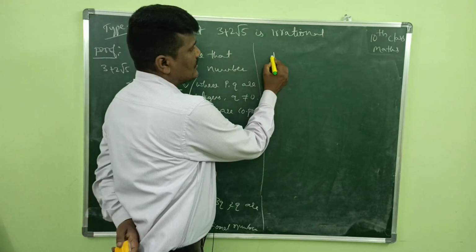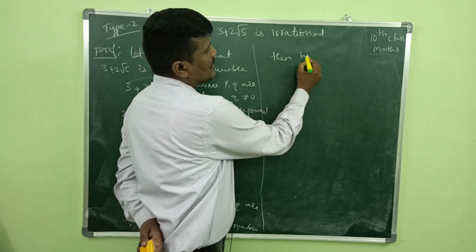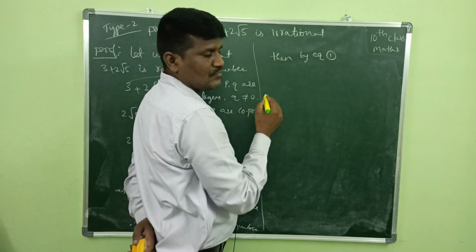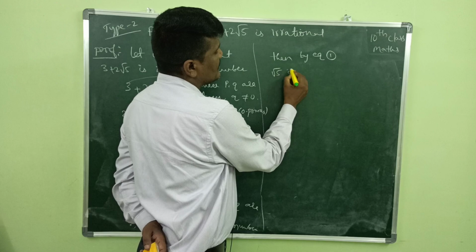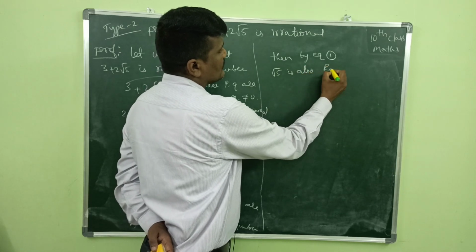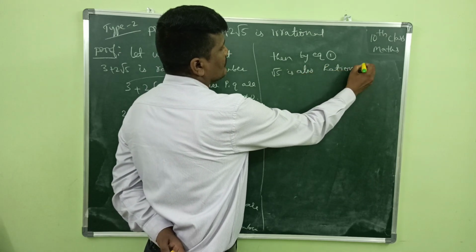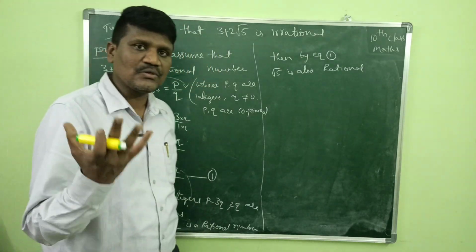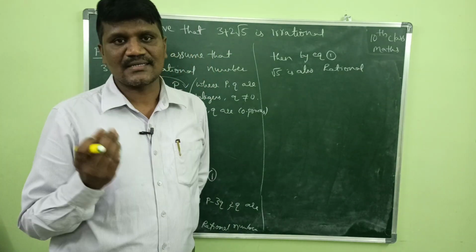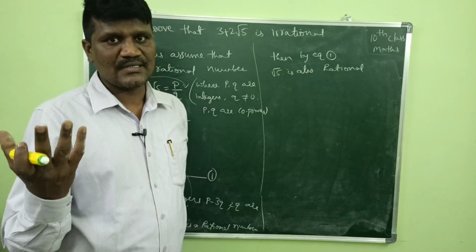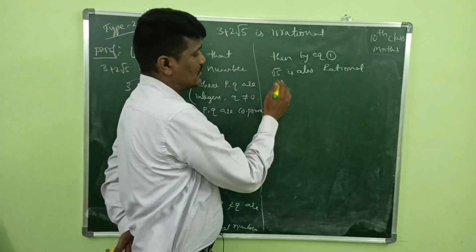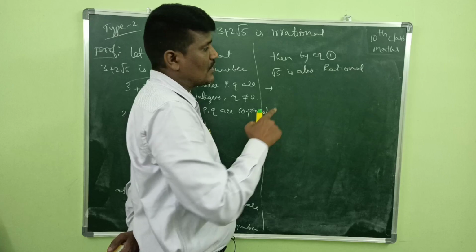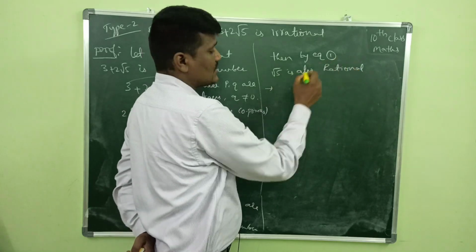So by equation 1 root 5 is also rational. But we know that root 5 is irrational, right? We know that root 5 is irrational, so we'll write that only here.